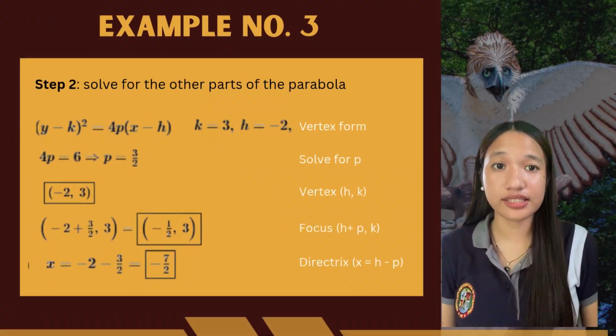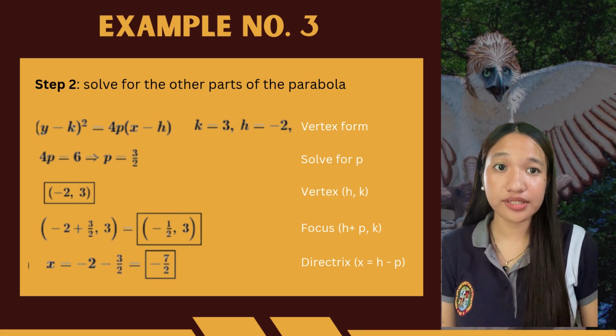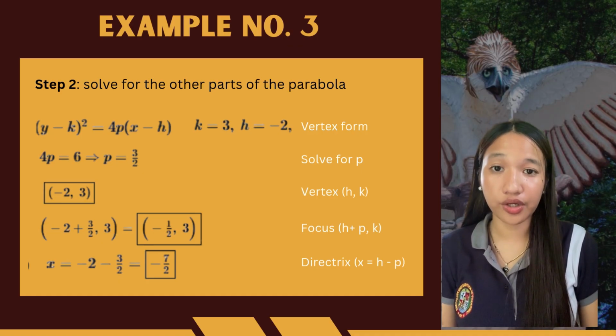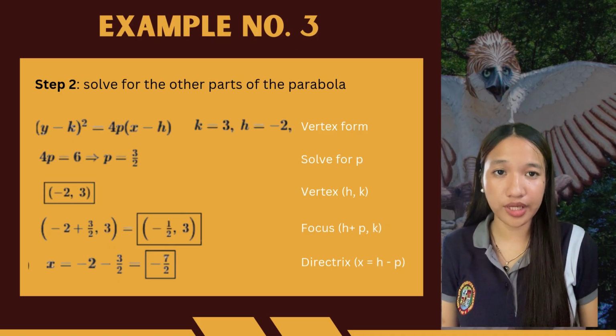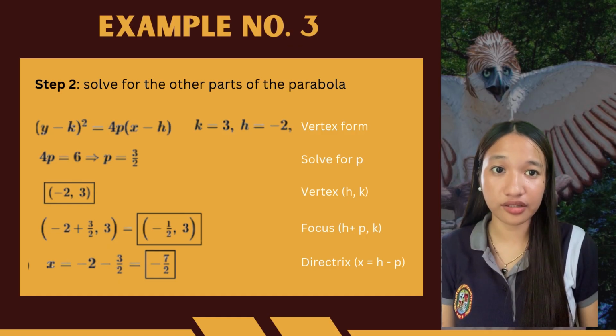Next we have step 2. Solve for the other parts of the parabola. y minus k squared is equal to 4p times x minus h, where our k there is equal to 3 and our h there is equal to negative 2. And now let's solve for p. 4p is equal to 6, so 4p divided by 4 is equal to p, and 6 divided by 4 is equal to 3 halves. And our vertex now is h and k, so we have negative 2 and 3. And let's do the focus.